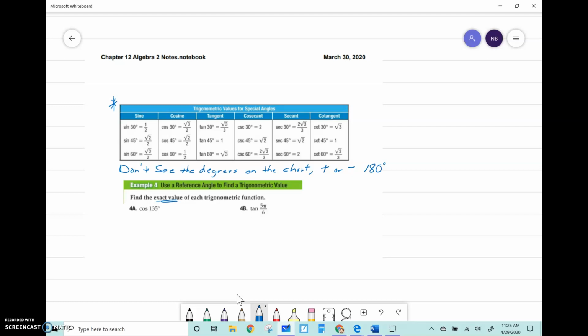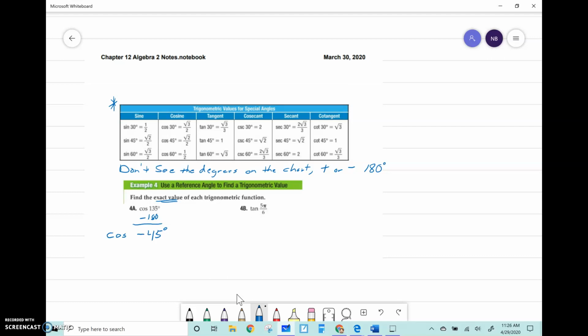All right. So for instance, I don't see 135 on here. It just stops. It goes from 30 to 60. So what I'm going to do is I'm going to subtract 180 from 135. And I end up with negative 45 degrees, okay? And that's cosine.